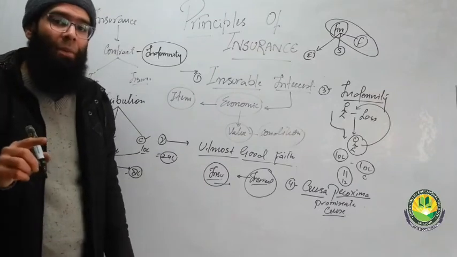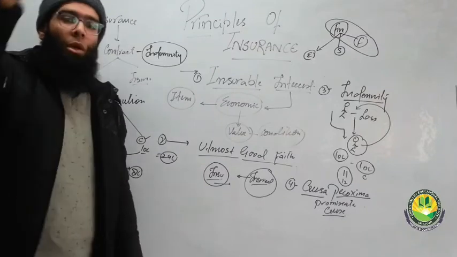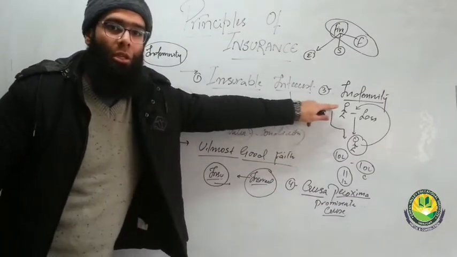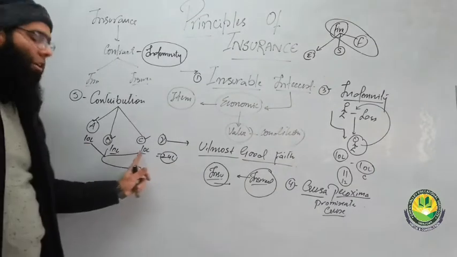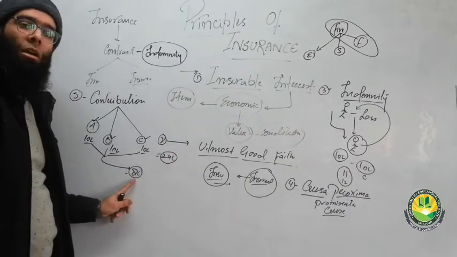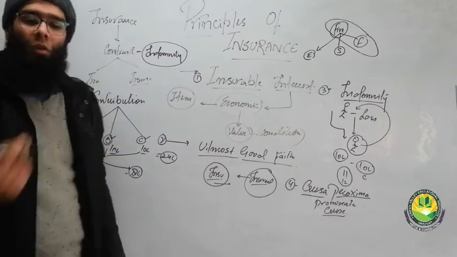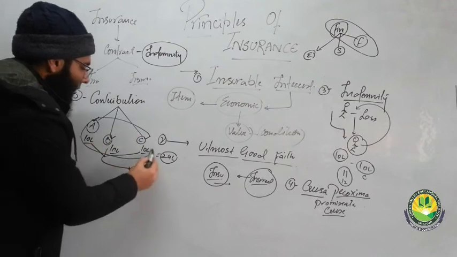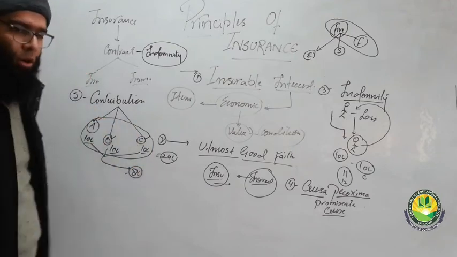But principle of indemnity says no. We will put you in the same position in which you were before the loss. So these three firms will contribute and they will compensate my 8 lakh worth of damages. So this is what we say of principle of contribution.